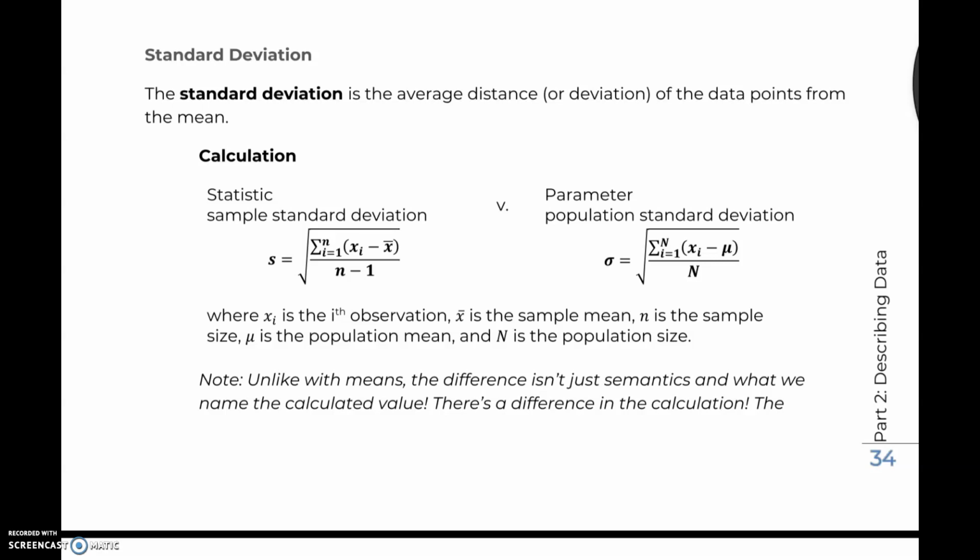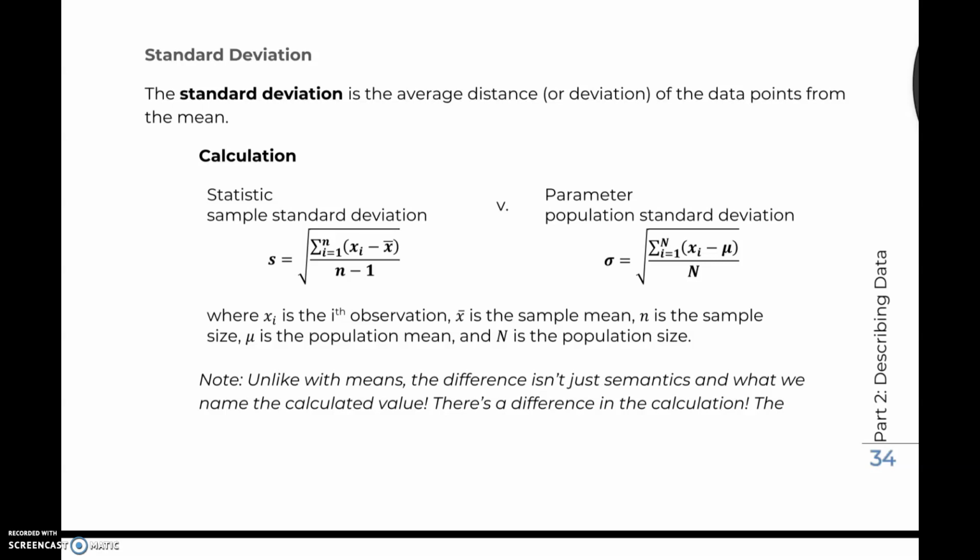And the reason why we want to divide by n minus 1 for a statistic is because they've done lots of empirical evidence that n minus 1 will give you a better estimate. So just because the standard deviation tends to be a skewed distribution, and when we're looking at many experiments, using a value of n minus 1 just gives us a better estimate of the true population parameter.